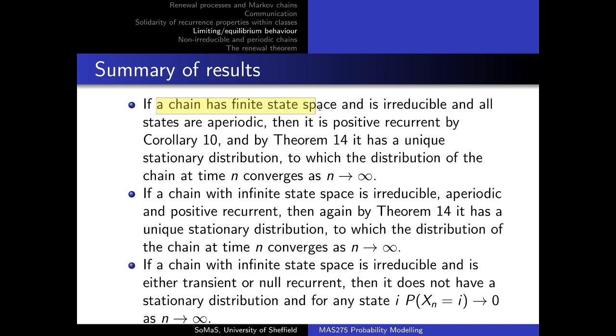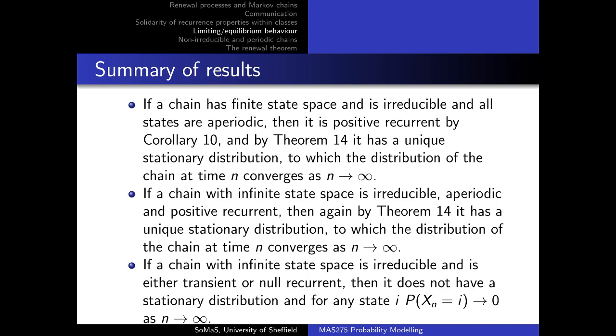If the state space is finite, then you only need to check that the chain is irreducible, and then it's automatically positive recurrent. Then if you add aperiodic, then you will have convergence to the unique stationary distribution. If the state space is infinite, you need to check that it's positive recurrent by hand, which may or may not be very easy. Then you apply theorem 14 and you get your convergence to the unique stationary distribution.